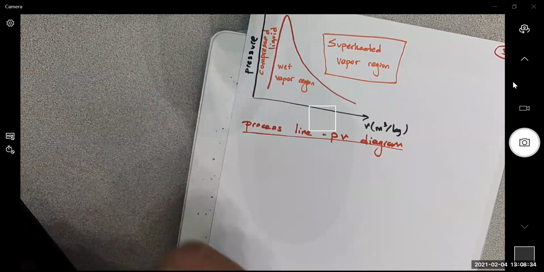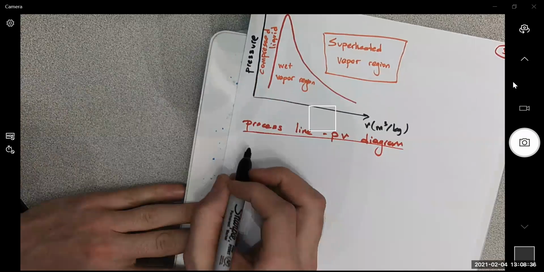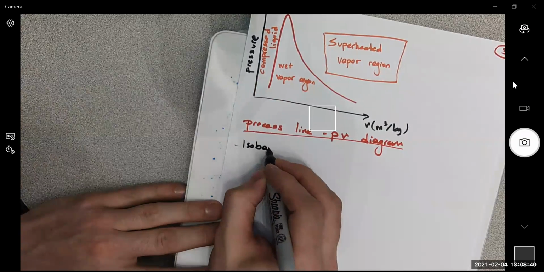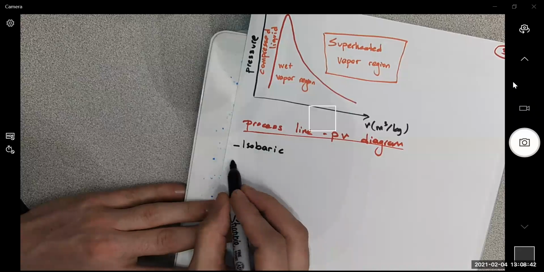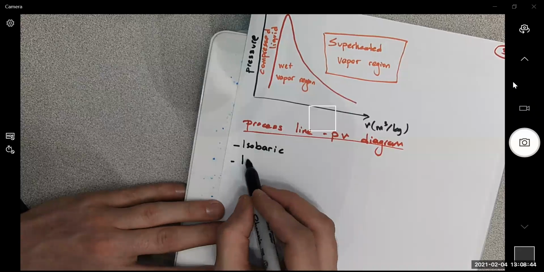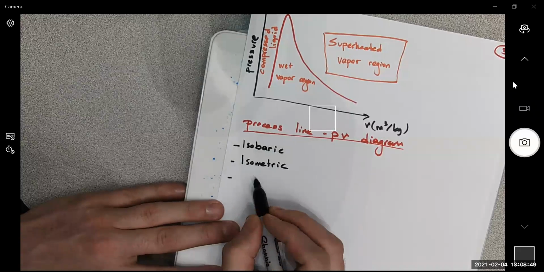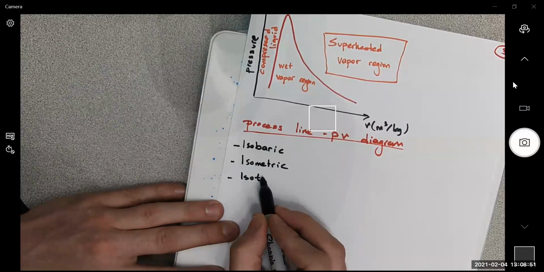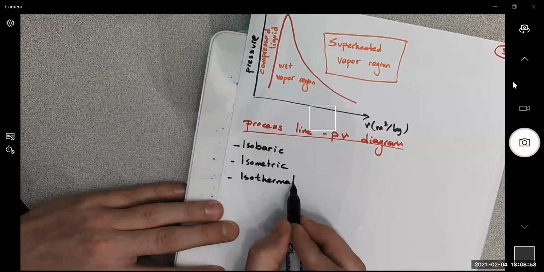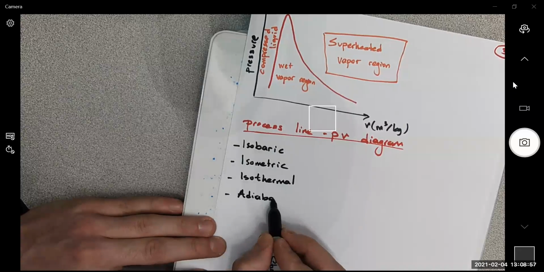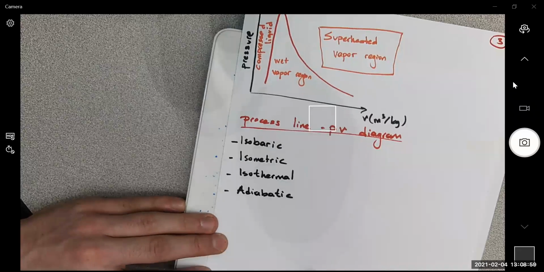What were they? We had isobaric process, isometric, isothermal, and adiabatic.